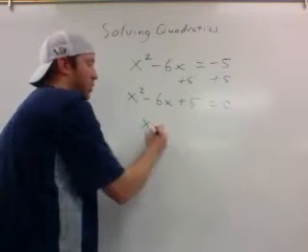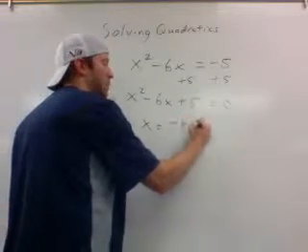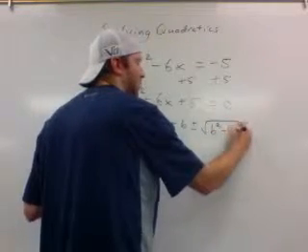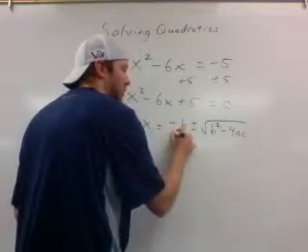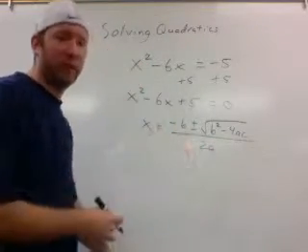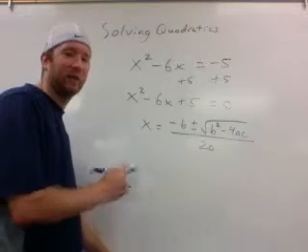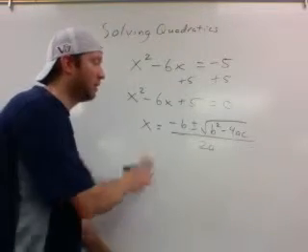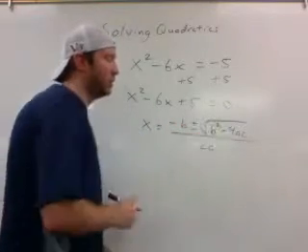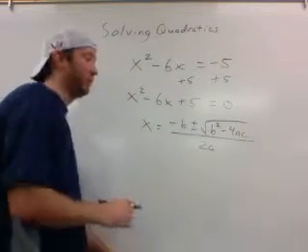Quadratic formula you should know is x equals the opposite of b plus or minus the square root of b squared minus 4ac all over 2a. There's songs to remember this, like Yankee Doodle Dandy. I don't want to hurt your ears by attempting to sing. But x equals the opposite of b plus or minus the square root of b squared minus 4ac all over 2a, so a big division bar.